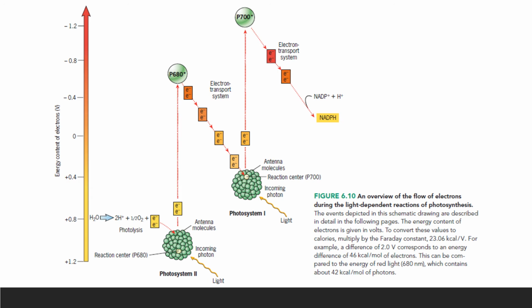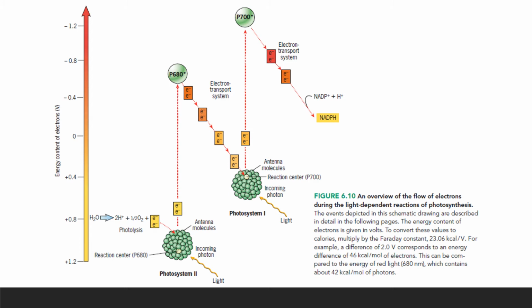So in here, this image shows you the overview of the flow of electrons during the light-dependent reactions of photosynthesis. Photosystem 2 actually boosts electrons from an energy level below that of water to a midway point. Okay? And then photosystem 1 raises electrons from a midway point to an energy level above that of NADP.